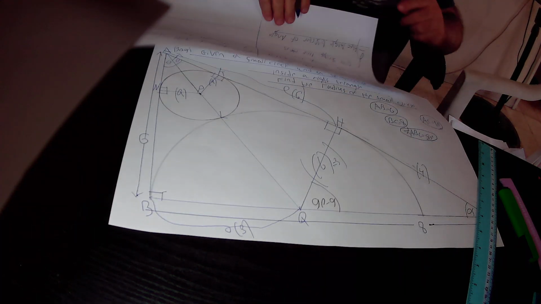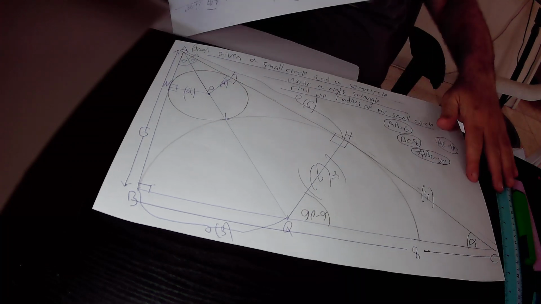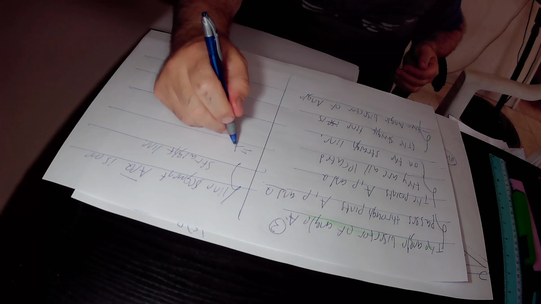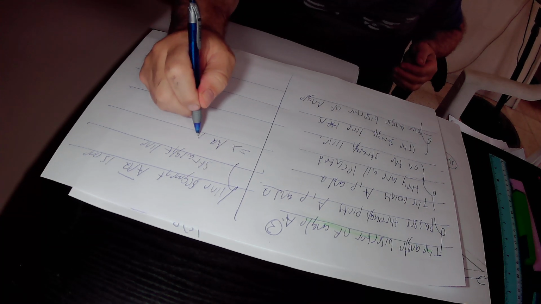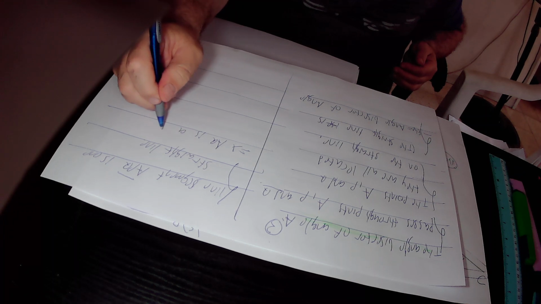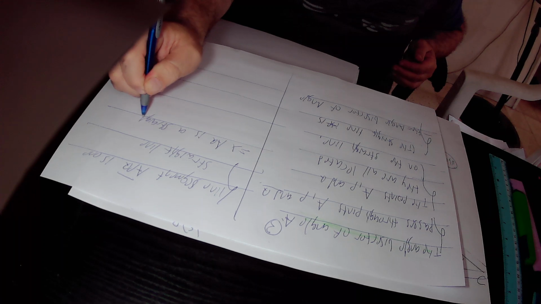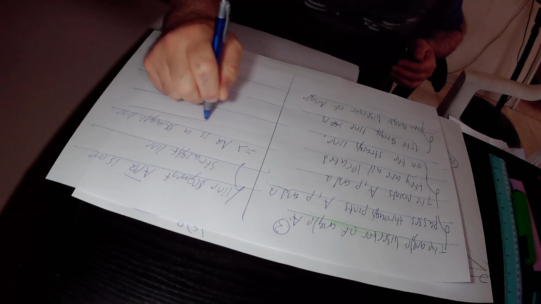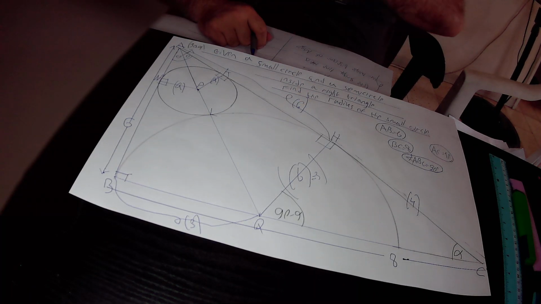And if line segment APQ is one straight line, it means that AQ is a straight line.